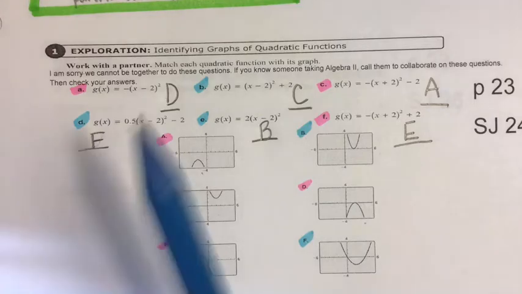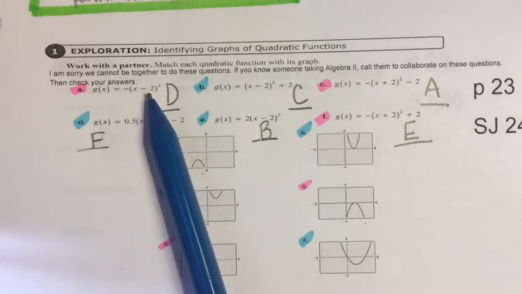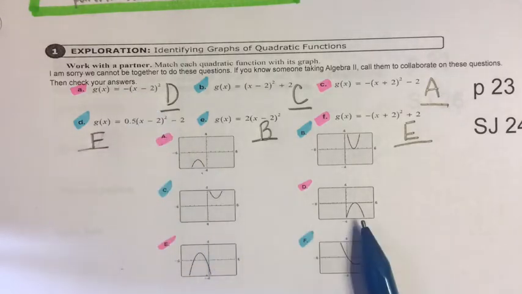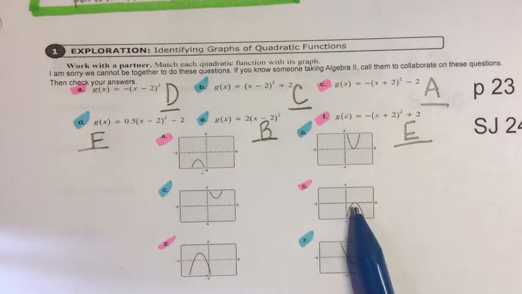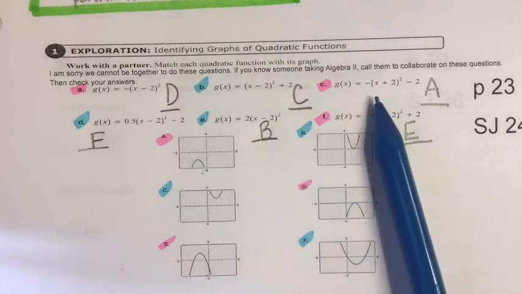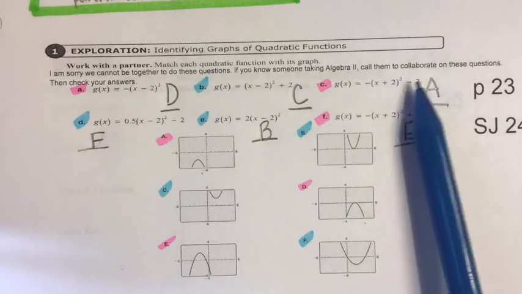The next thing I did was look at the left and right movement and up and down movement. This is right 2. So I looked at the graph and chose this one because it's a reflection of the parent function across the x-axis, and the function moved only right 2, not up or down. For this one, it's left 2, down 2.